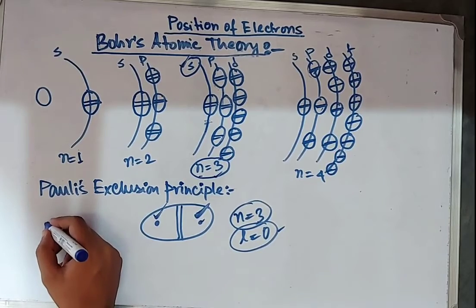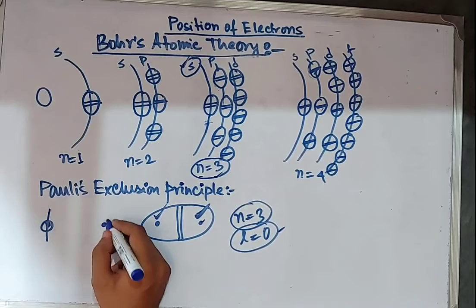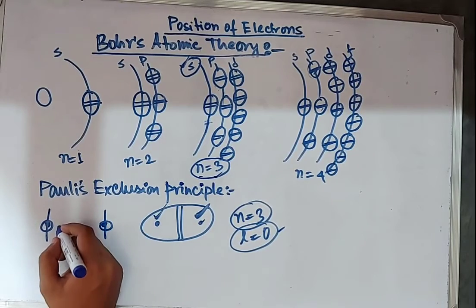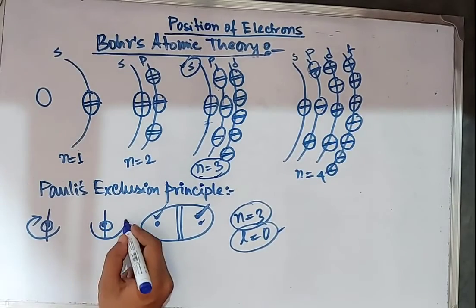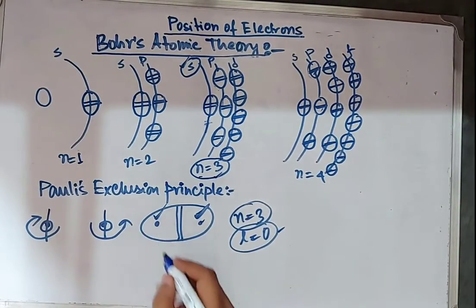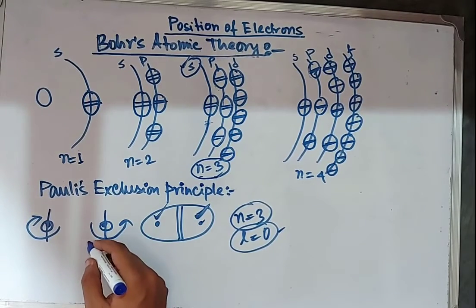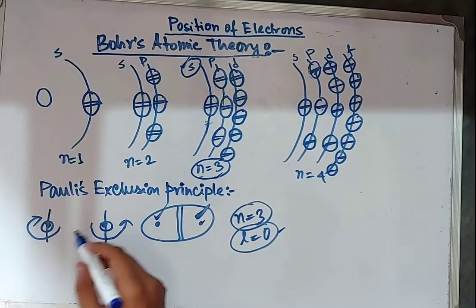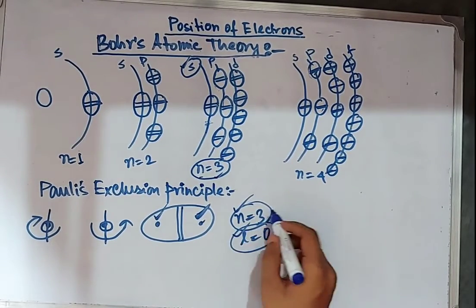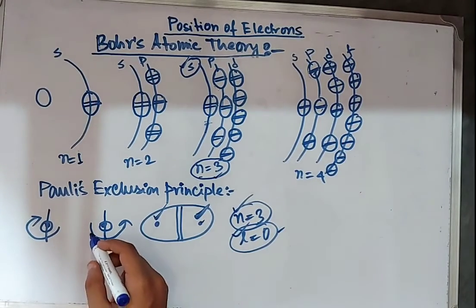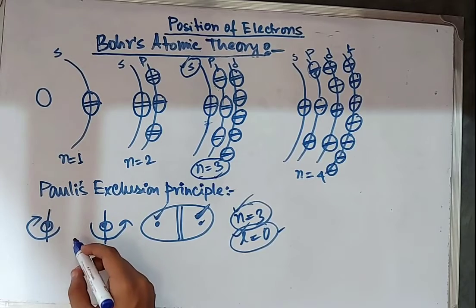Pauli says if within an orbital there are 2 electrons, and one electron is moving in clockwise direction, the other electron will be moving in anti-clockwise direction. Their principal quantum number is the same, their magnetic quantum number is the same, so what differentiates these 2 electrons is their spin quantum number.